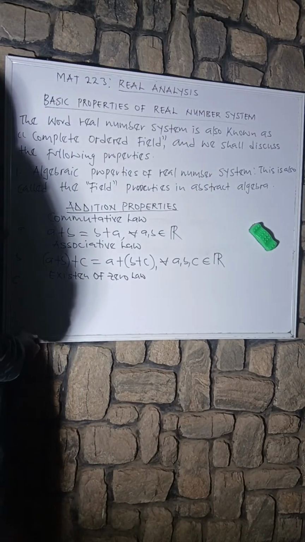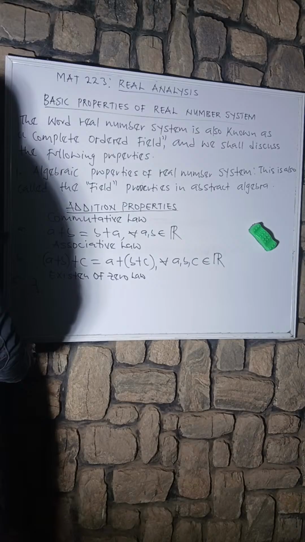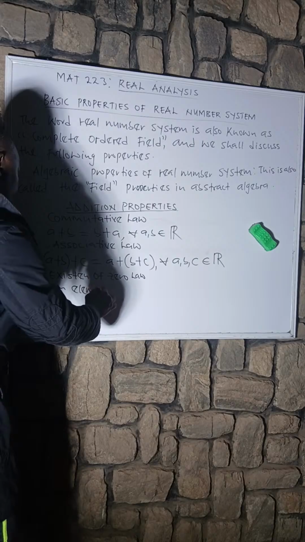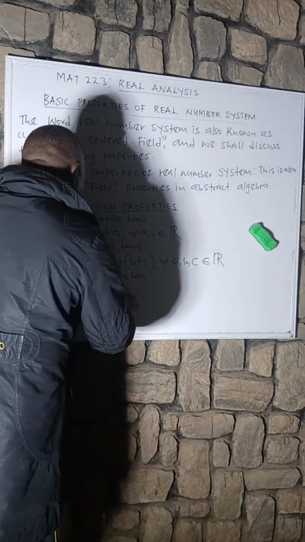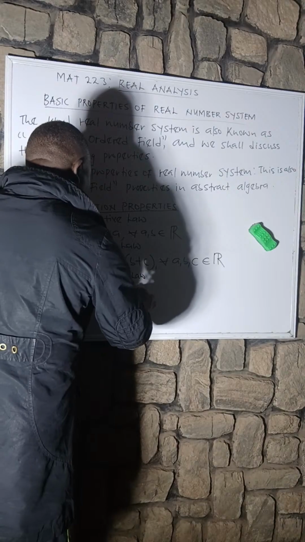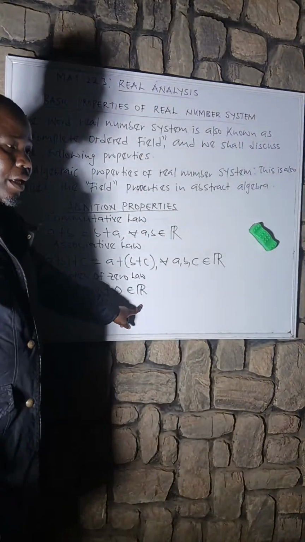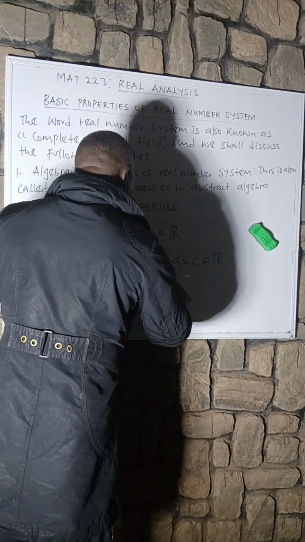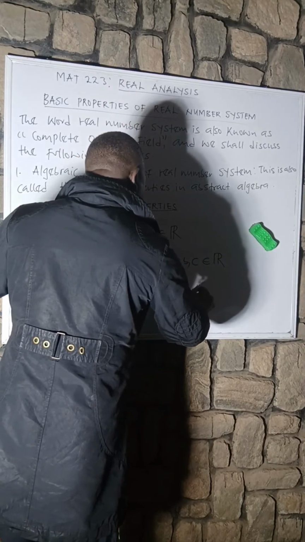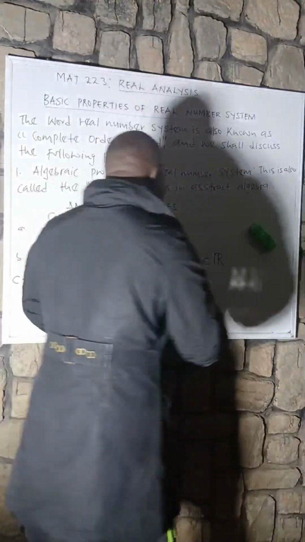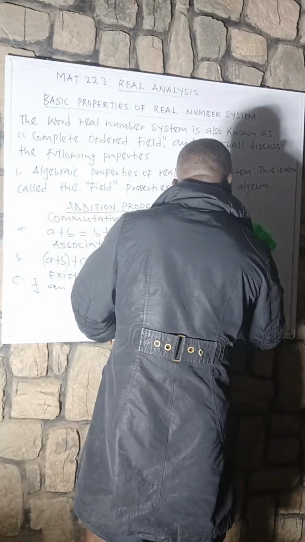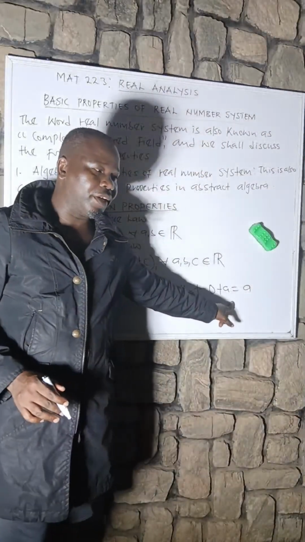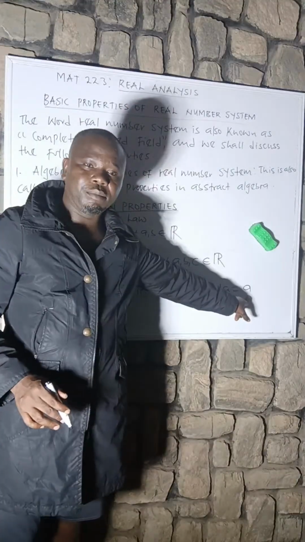Let's look at it. If there exists an element 0 contained in real numbers such that 0 plus A equals A. Look at the board very well.